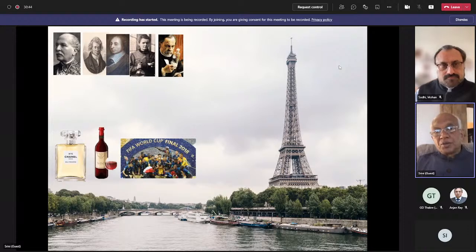You know who these people are: Lavoisier, Louis Braille, Pascal, the Pascal's law, and René Descartes. You have Marie Sklodowska-Curie and Louis Pasteur. I'm sure you have heard of these names. These are all great innovators or French scientists that have contributed significantly to science.